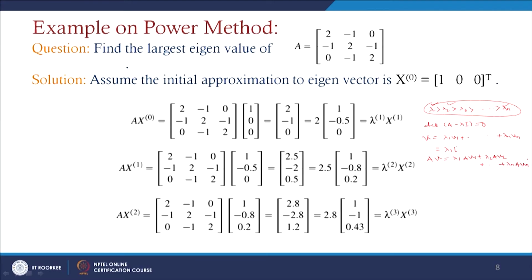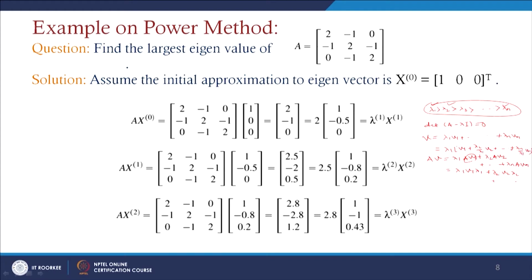Obviously, we know that A V 1 is nothing but lambda 1 V 1, and likewise for the others. So in the first term, if we take lambda 1 common, we can write V 1 plus lambda 2 by lambda 1 V 2 up to lambda n by lambda 1 V n.